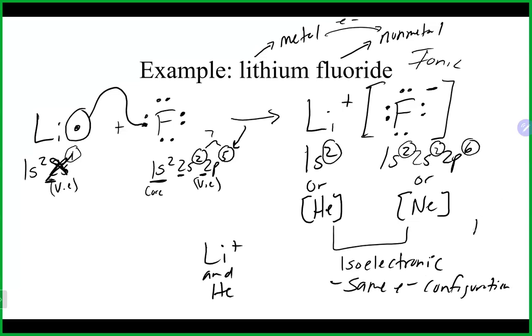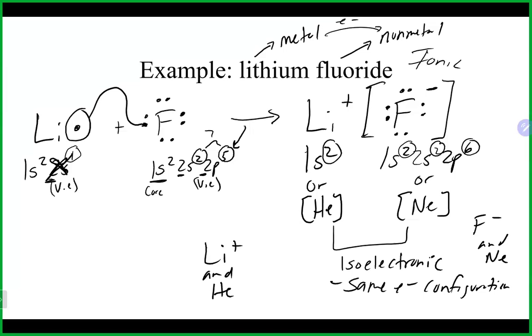And on this side, fluoride and neon. These two things have the exact same electron configuration. And as I was talking about earlier, they do not become those elements, but they have the same configuration as the electrons that helium and neon have. Any questions on that?